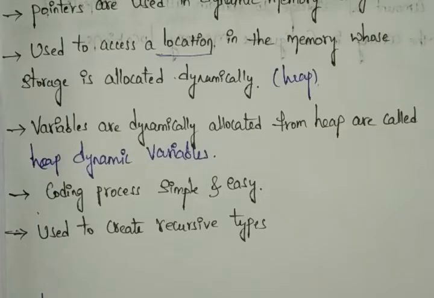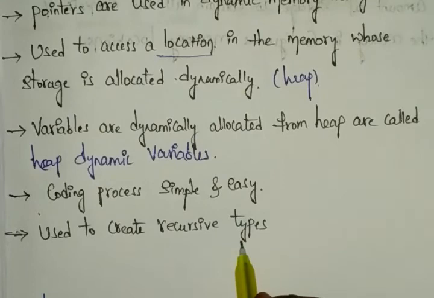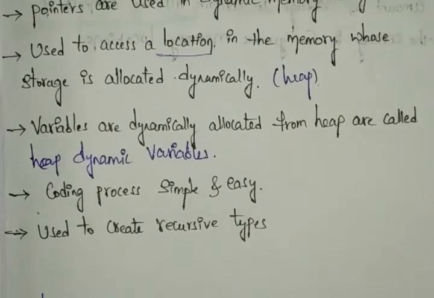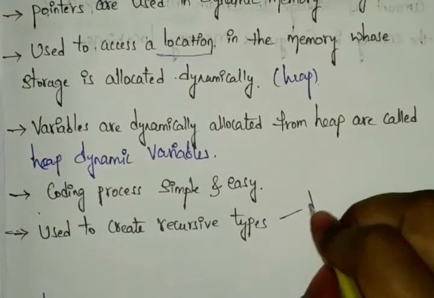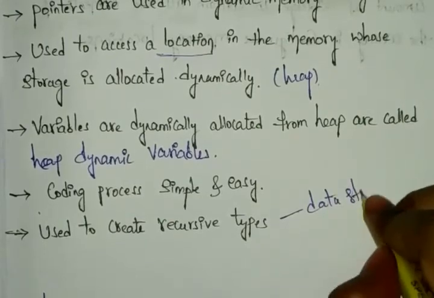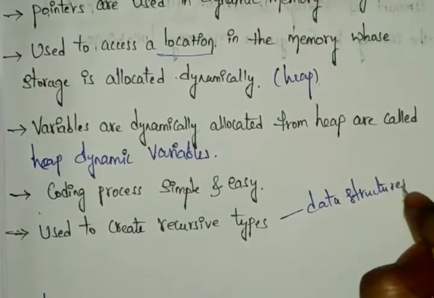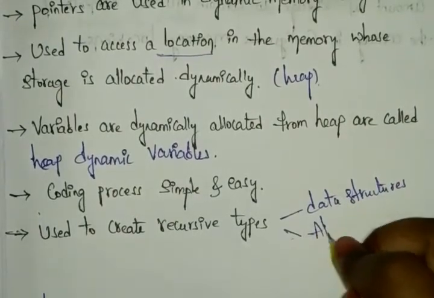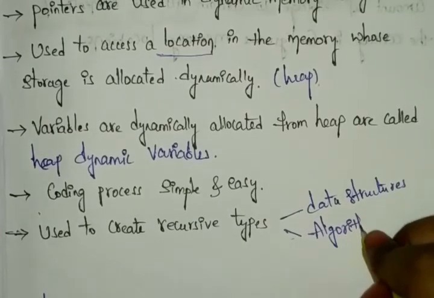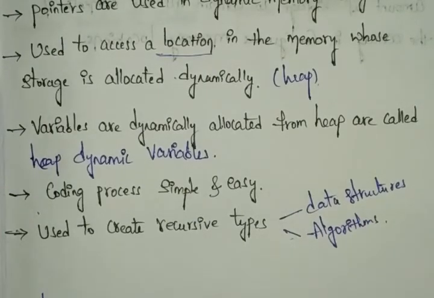And it can also be used to create recursive types. So by using these recursive types, we can build data structures, and also we can perform algorithms. In our data structures we have algorithms, right? So those will also be performed by our recursive types. So these are used to create our recursive types.